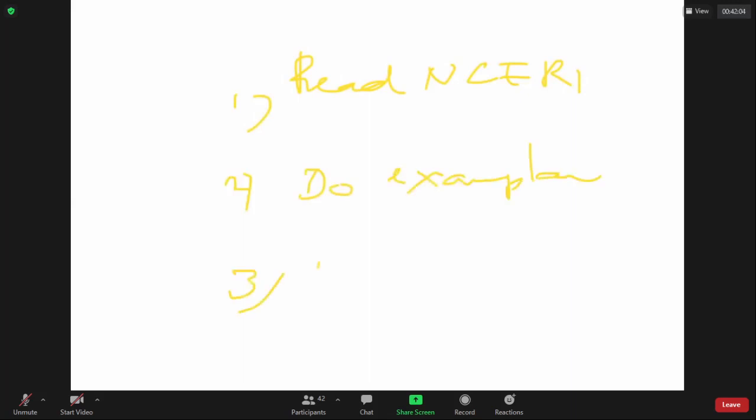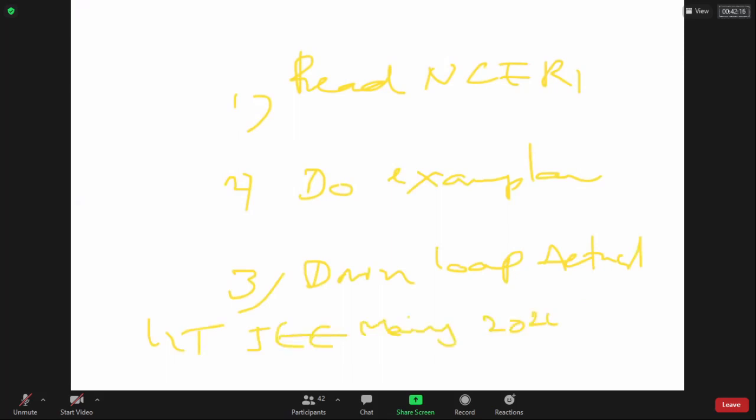We are bluffing others. We have to do three things. Read the NCERT textbook thoroughly. Second, do exemplar problems. Third, download the actual IITG mains papers of 2020, 2019 and 2018 from the net.